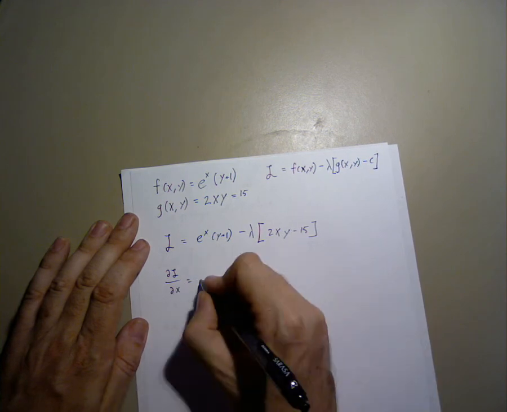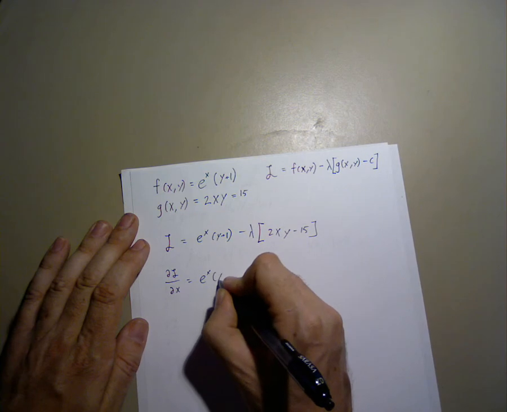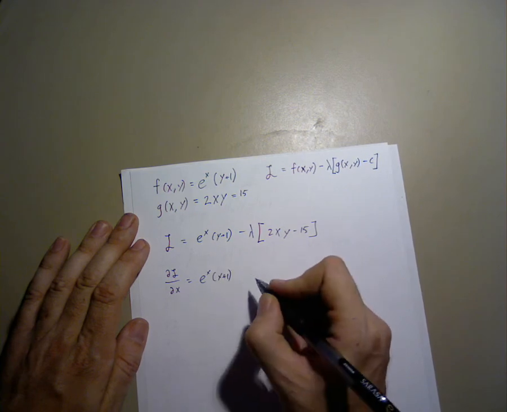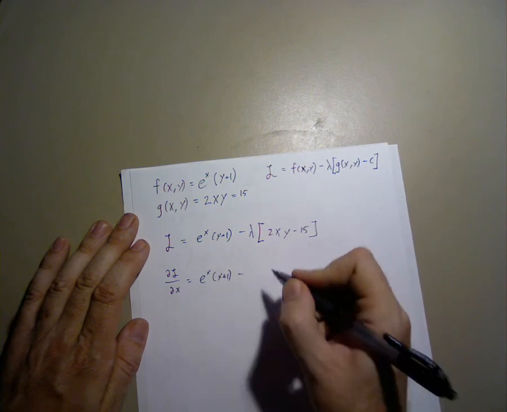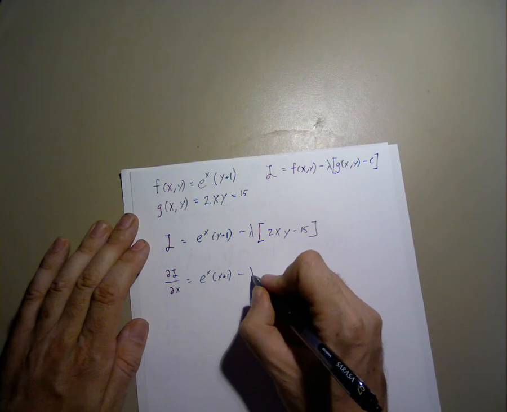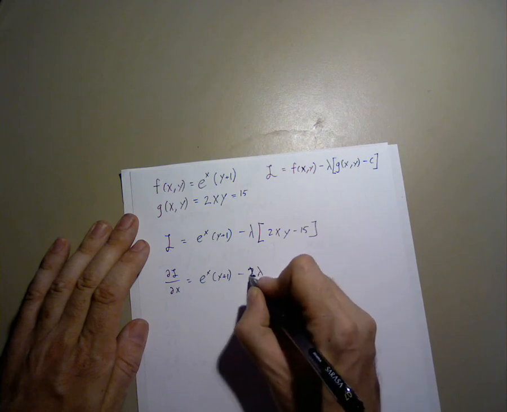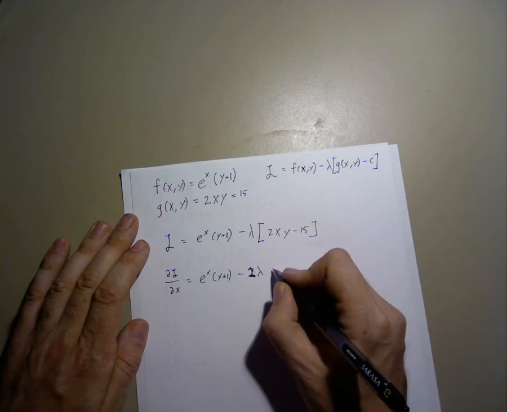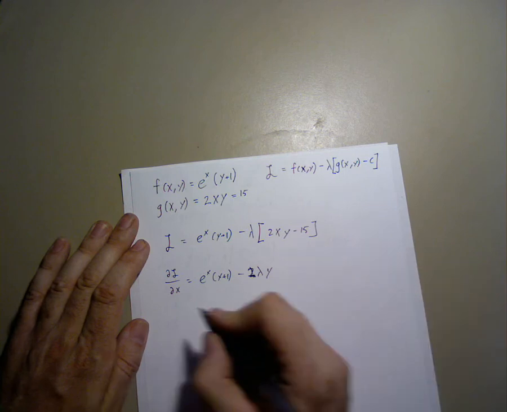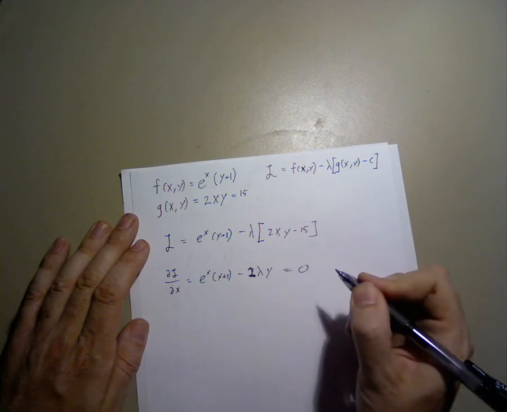This gives us e^x y + 1 minus 2 lambda y equals 0.